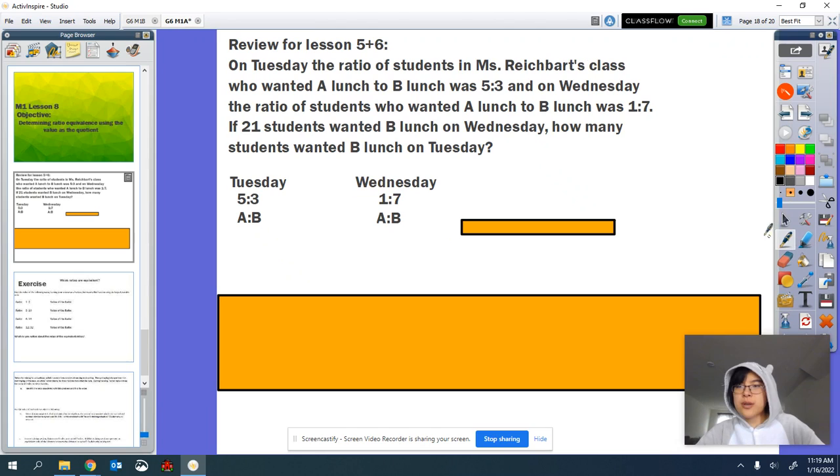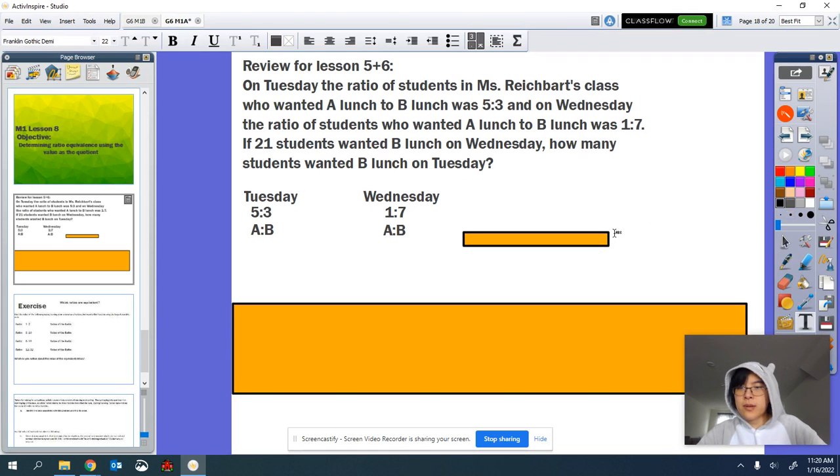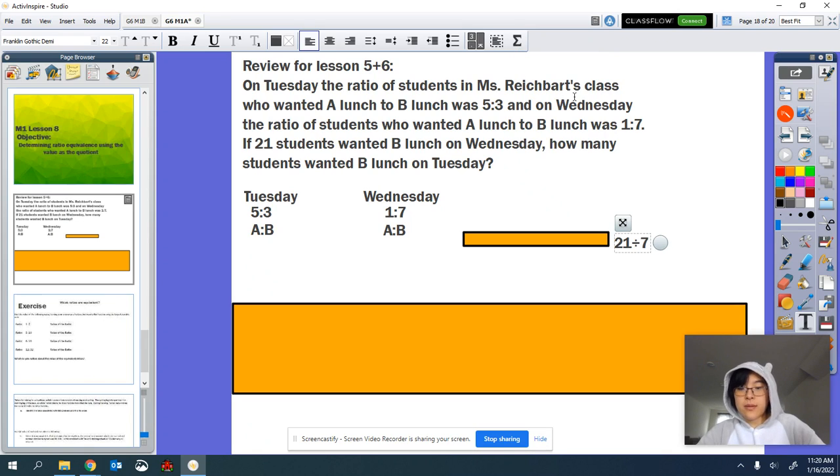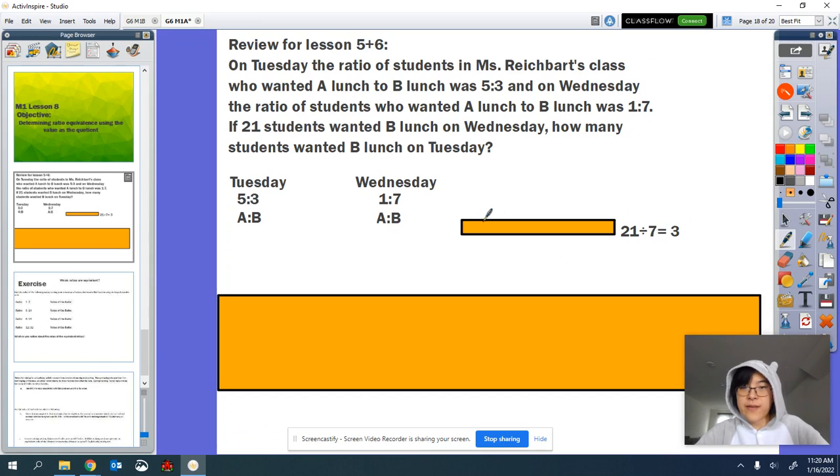That means I'm going to do 21 divided by 7, which equals 3 in each of these little boxes. The value of each box is 3.